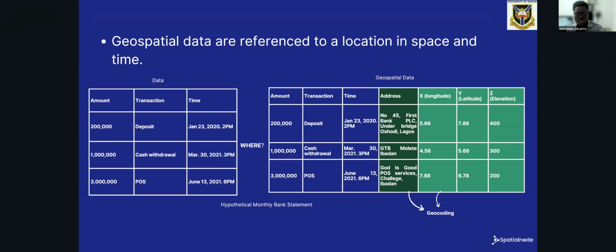Usually normal data, say bank transaction data, has the amount, the type of transaction you're performing, either a deposit, a cash withdrawal, or a POS transaction, and then the timestamp. This is normal data, which still makes sense. You can derive insights from this, right? But there's little insight you can derive from normal data compared to when you pin the data to a particular location on the Earth surface.